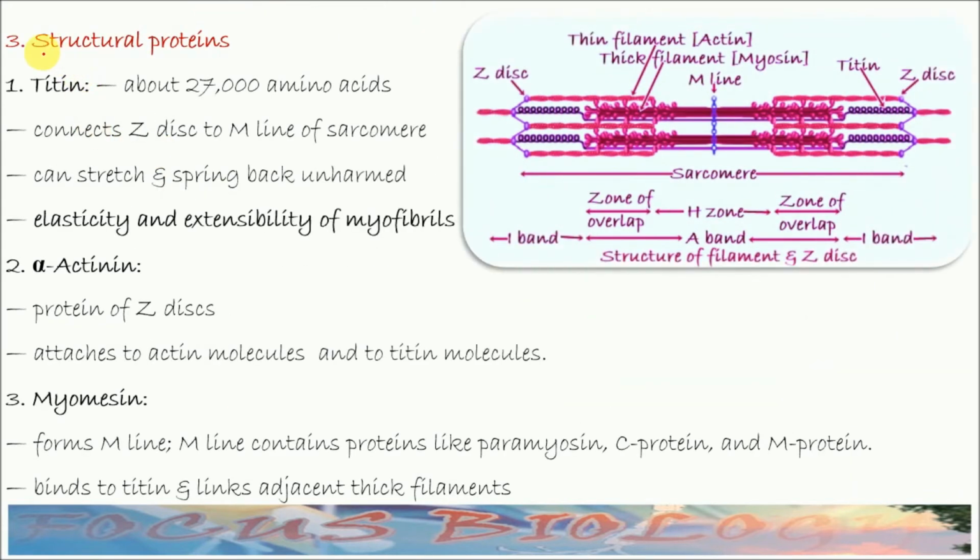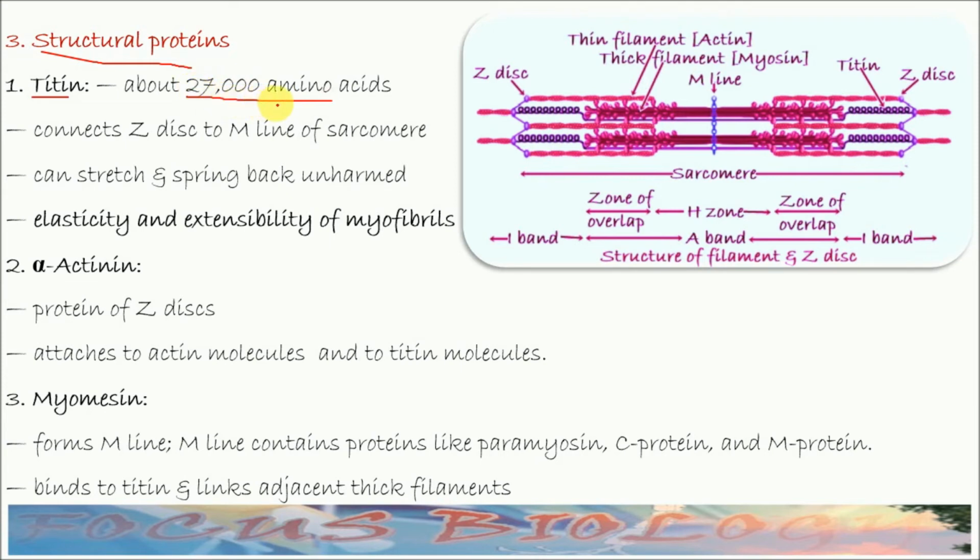Next, now structural proteins. They are titin. It is made up of about 27,000 amino acids. To be exact, 26,926 amino acids.